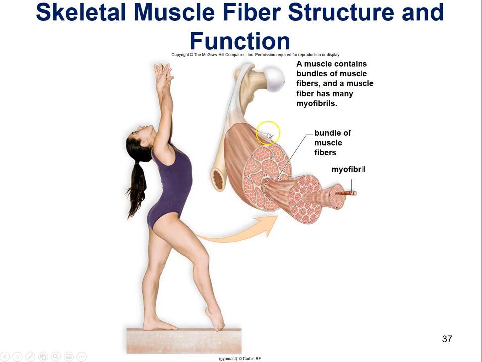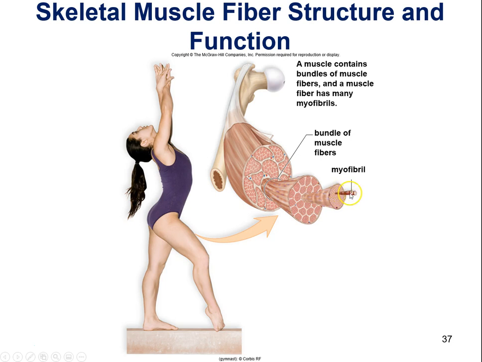So there are bundles of muscle fibers in a muscle, and a muscle fiber is a muscle cell. Here within a muscle cell, you have a whole bunch of myofibrils. And here's your muscle fibers, here's an individual muscle cell, and inside the individual muscle cell, or muscle fiber, are myofibrils.